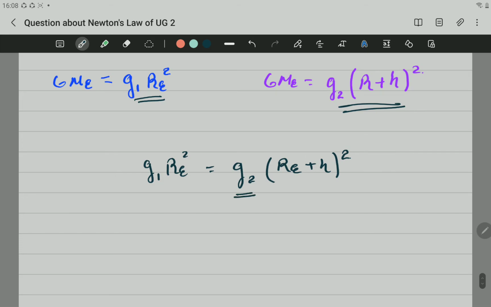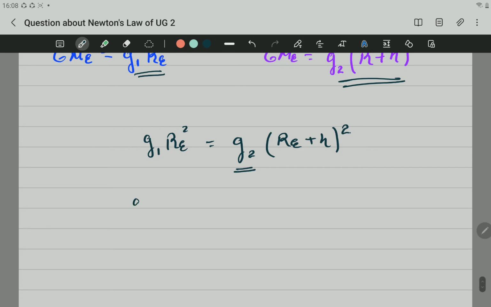So that is what we are going to substitute here. We have that the product of the acceleration due to gravity at the surface of the Earth multiplied by the radius of the Earth to the power 2 is going to be equal to 1/4, not half, 1/4 of the acceleration due to gravity at the surface of the Earth, multiplied everything by the radius of the Earth plus the height at which the satellite is going to be located.